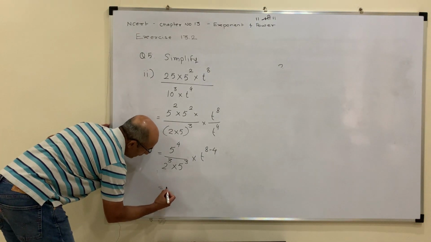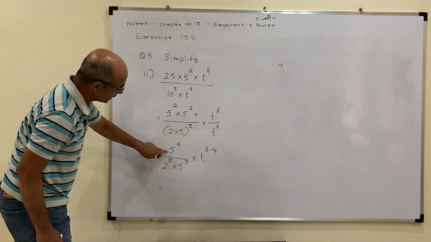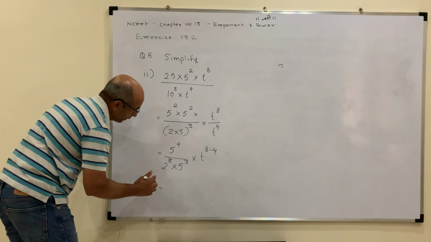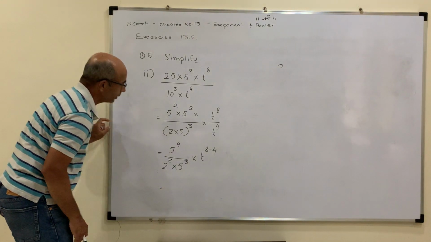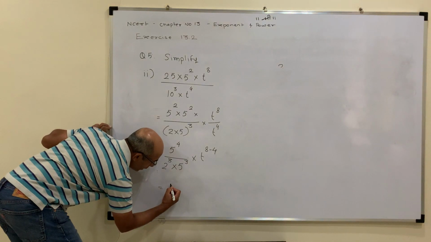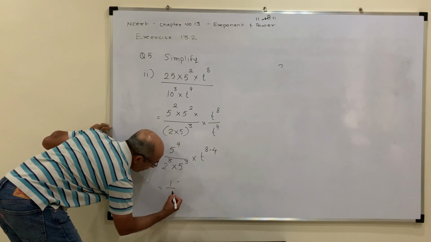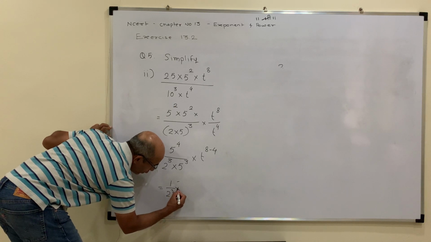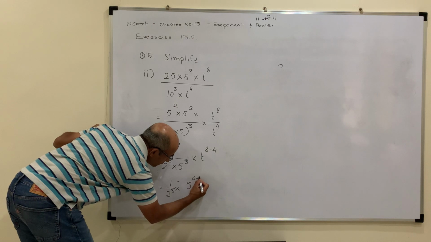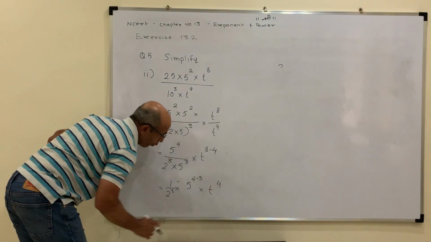So in next step, here 5, here again the base is same, operation is division, so power will be subtracted. So the next step will be 5 raised to 4 minus 3, into t raised to 4, upon 2 raised to 3.